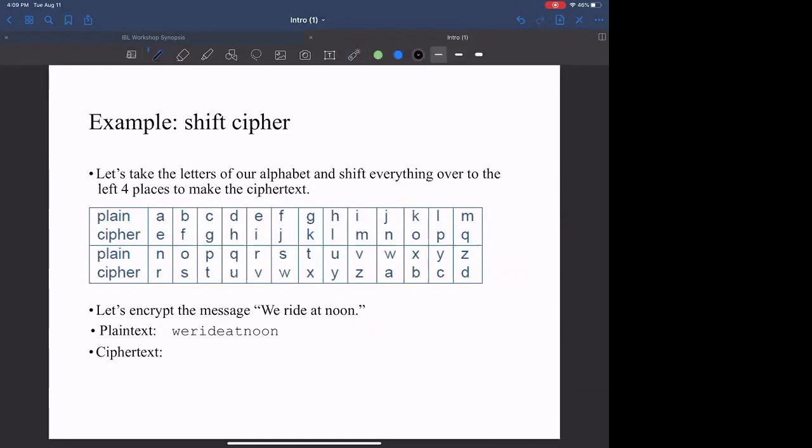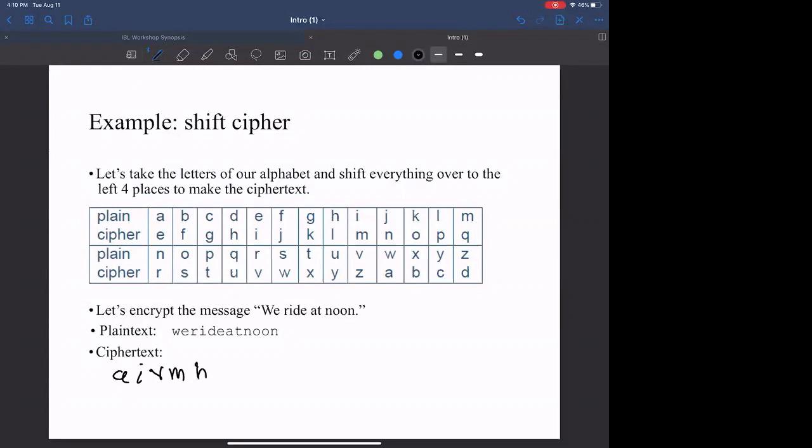All right, so let's take our plain text message here, we ride at noon, and encrypt it. Every time I see a W, I'm going to replace that with an A. For the E, that gets replaced with an I. R is getting replaced with a V. One more. The I gets replaced with an M. All right, and we'll keep on going through here.